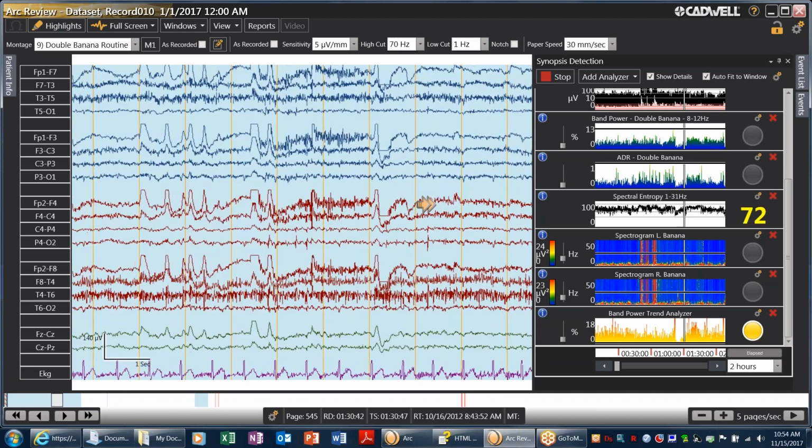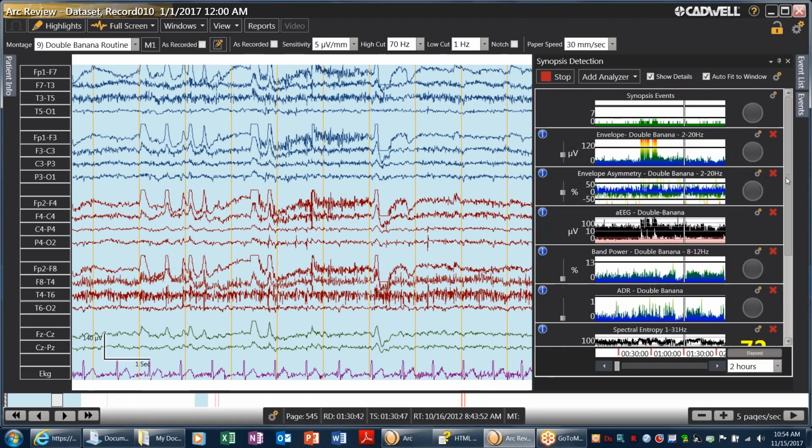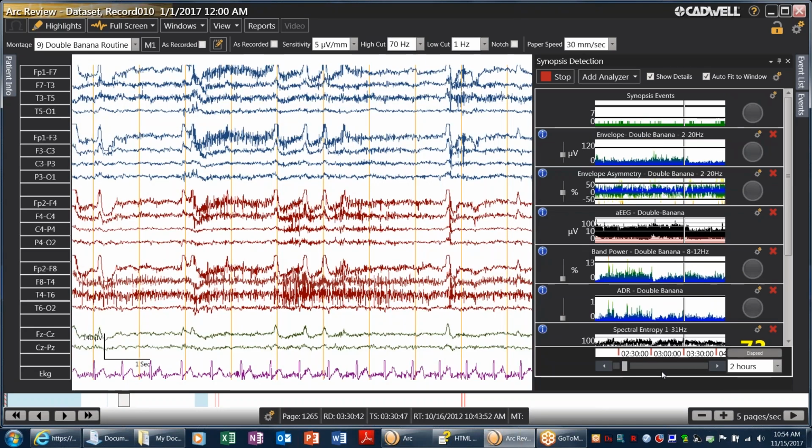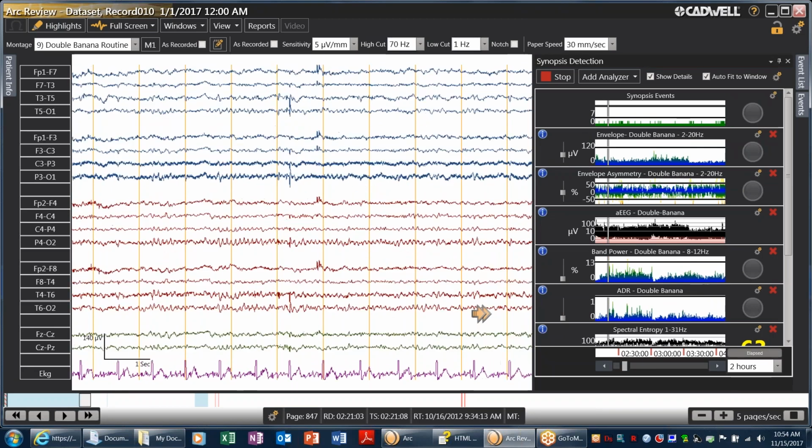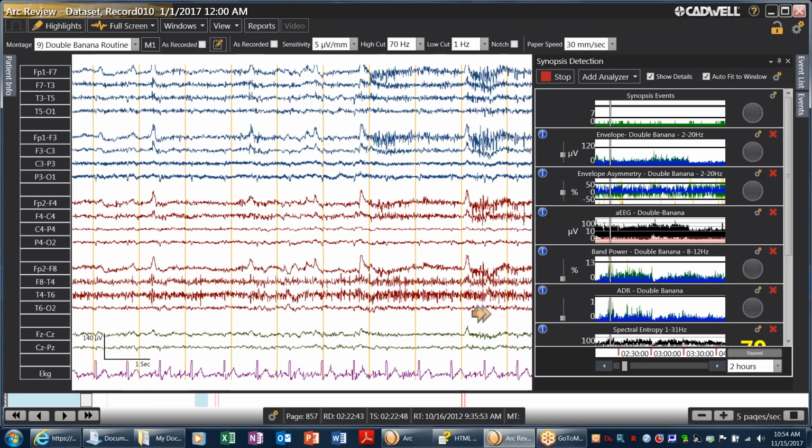Not totally clear why. Here's the EMG coming back, so that throws off our band power. So let's go up here and look a little bit further down the road, see if we can find EMG.